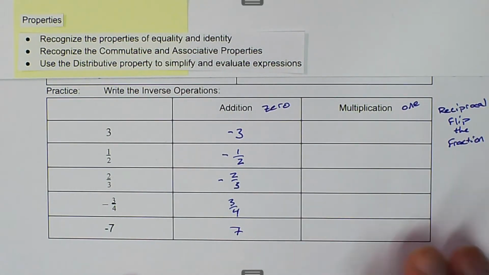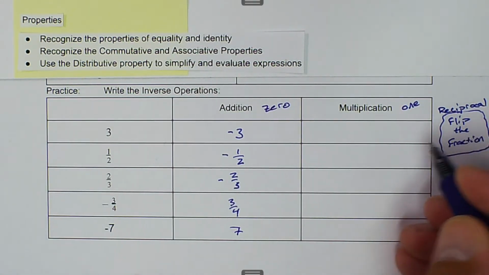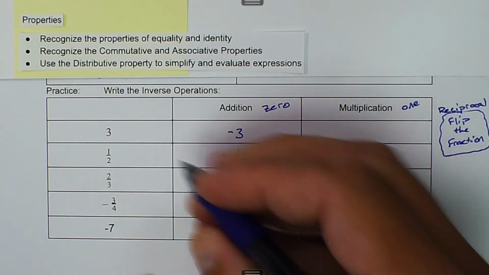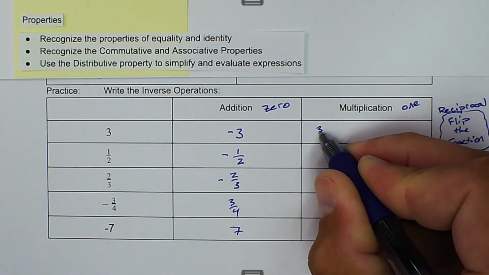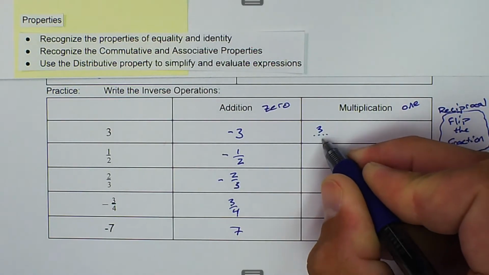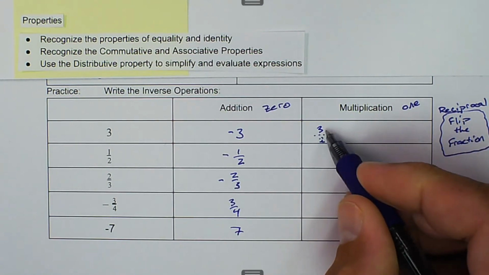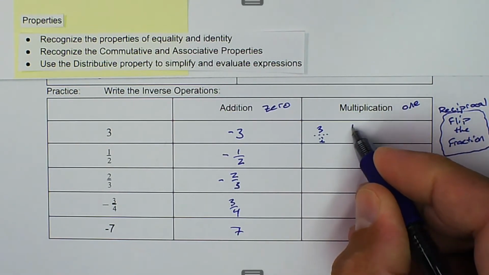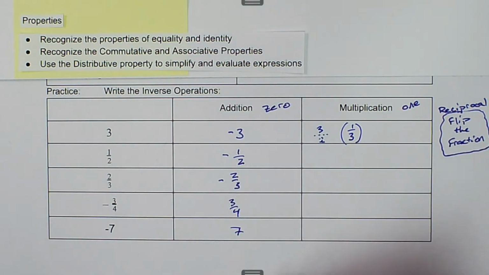So in this case, originally we're given 3, and we can understand that 3 is over top of 1. So if we want to flip that, our reciprocal will be 1/3. So we would multiply by 1/3.